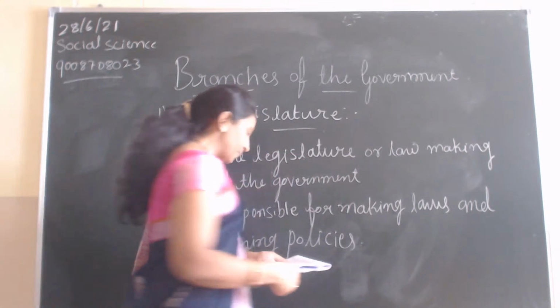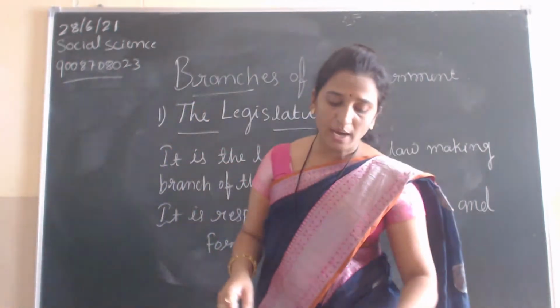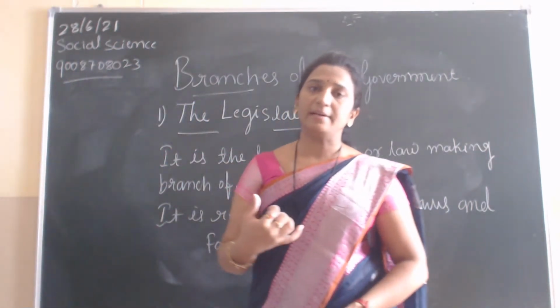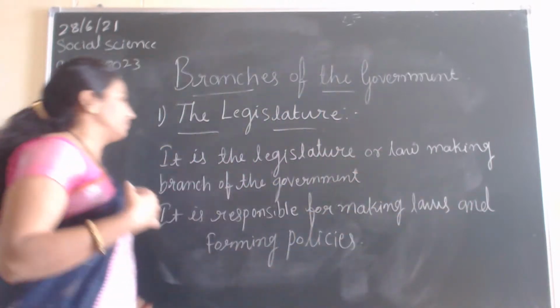In a democracy, members of the legislature are elected directly or indirectly. You can write these points.